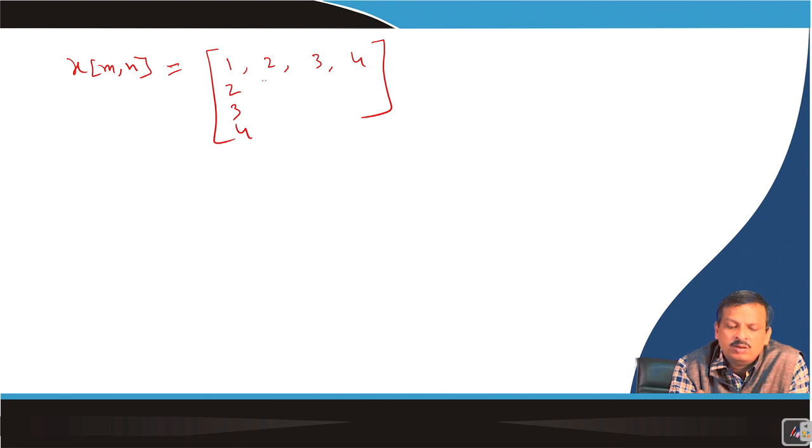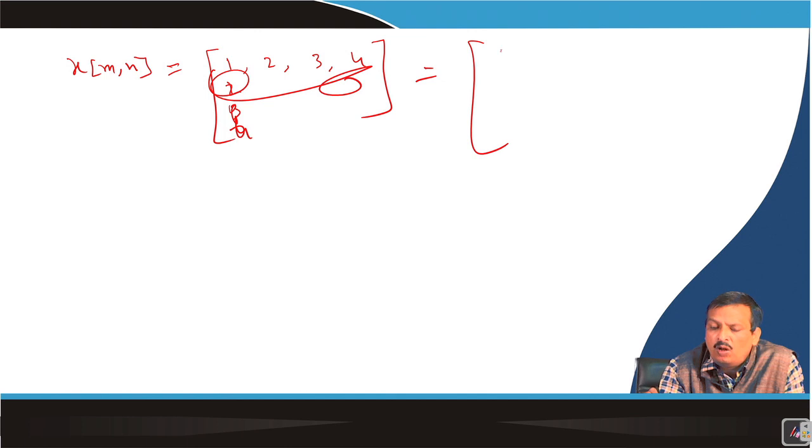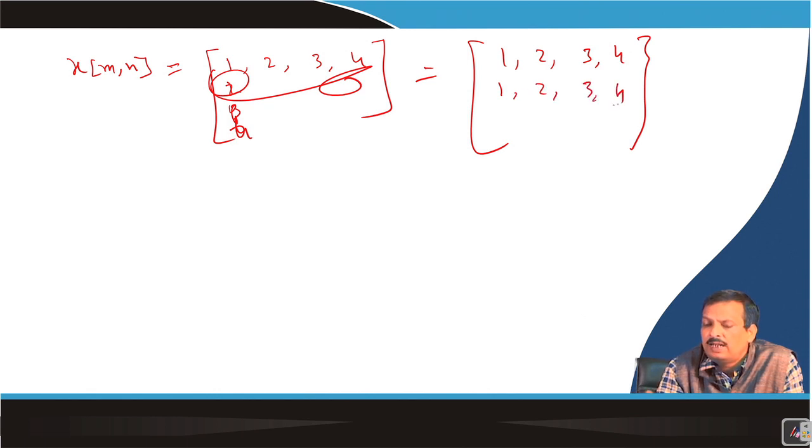Each row is 1, 2, 3, 4, again 1, 2, 3, 4, again 1, 2, 3, 4, and 1, 2, 3, 4.